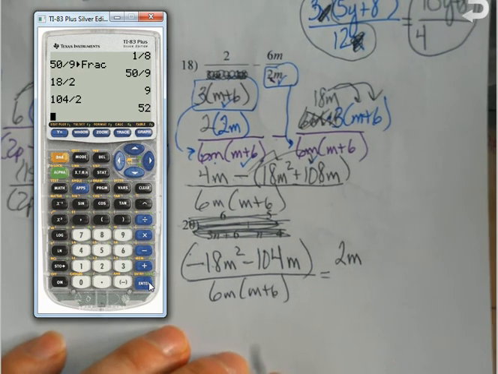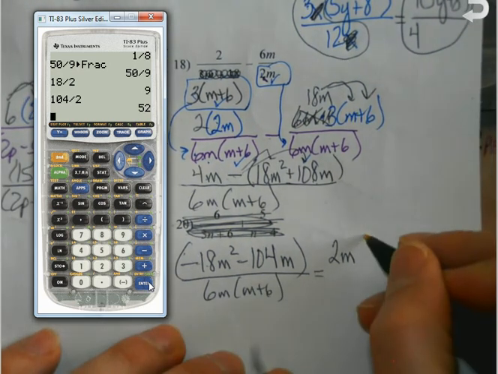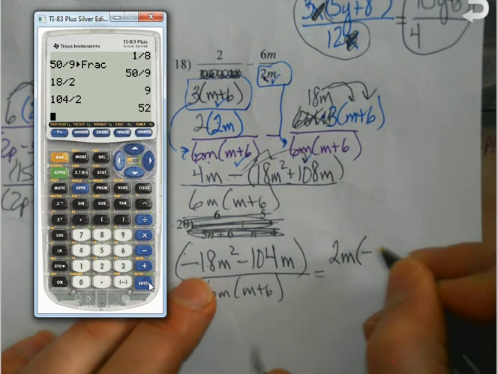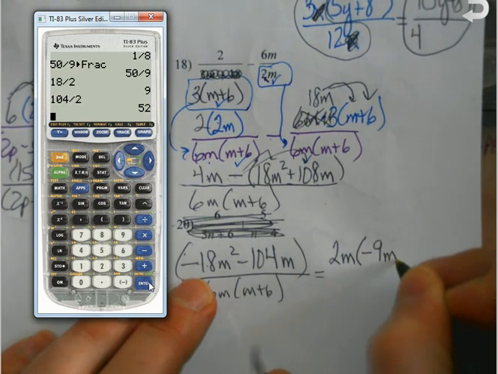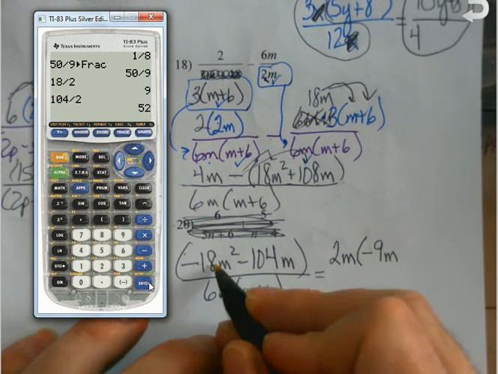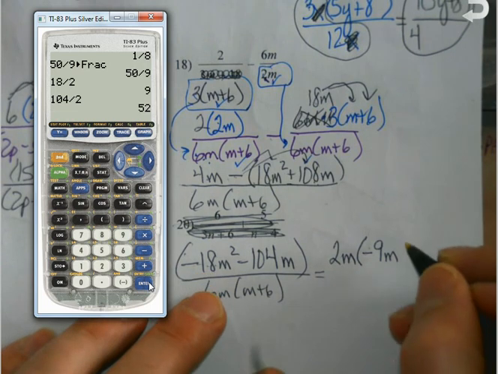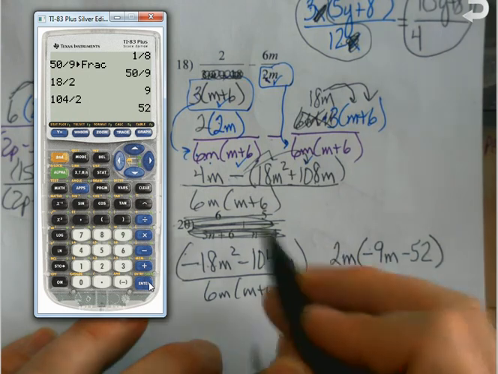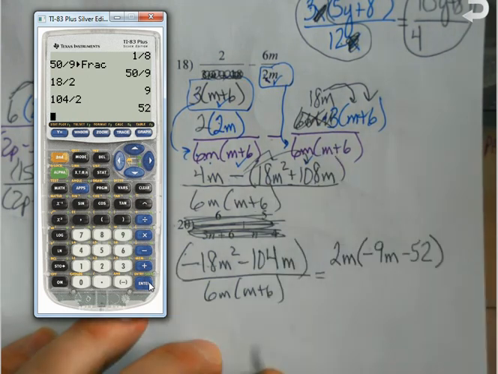So it's like, all right, so we got a 2m. Let's see, what's that leave us with? Negative 9m. 2 times negative 9 is negative 18. m times m is m squared. And minus 52. Yes, yes, yes.